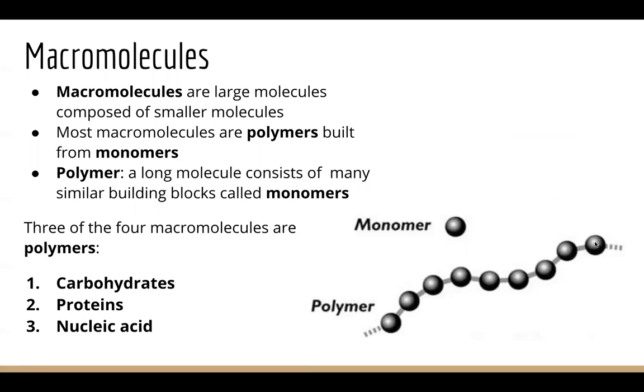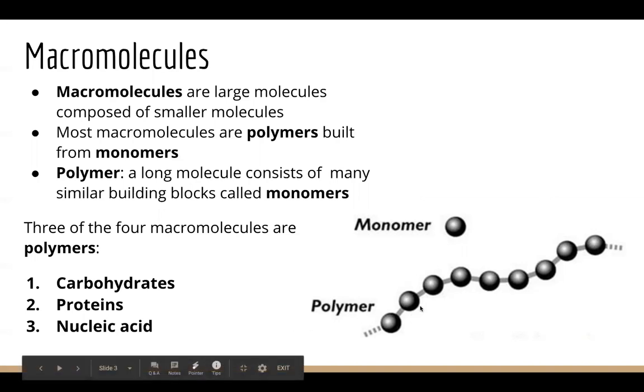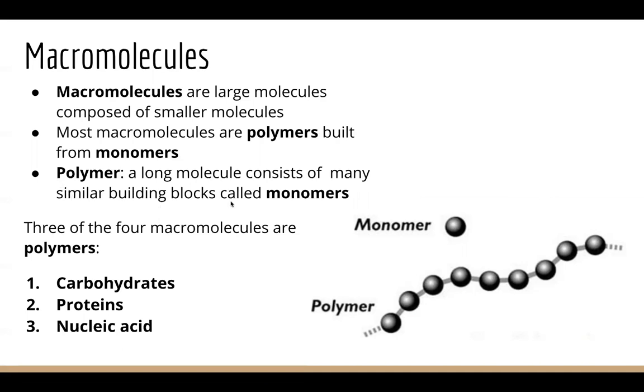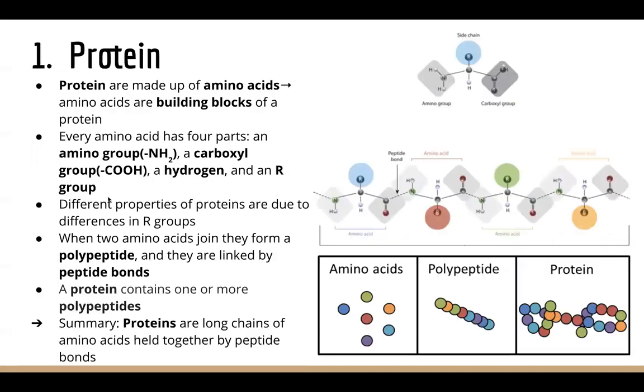You can think of a monomer as a single piece of M&Ms and a polymer as a bag of M&Ms connected together. Therefore, a polymer is a long molecule consisting of many similar building blocks called monomers.